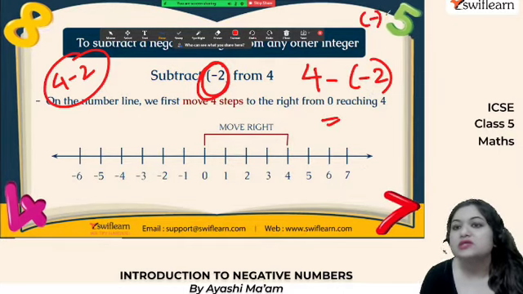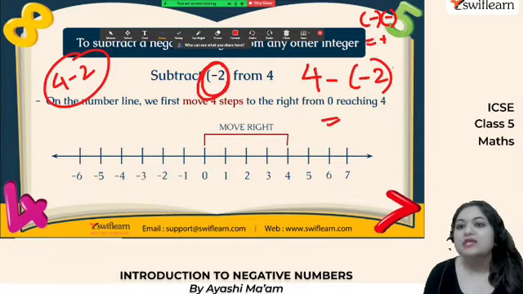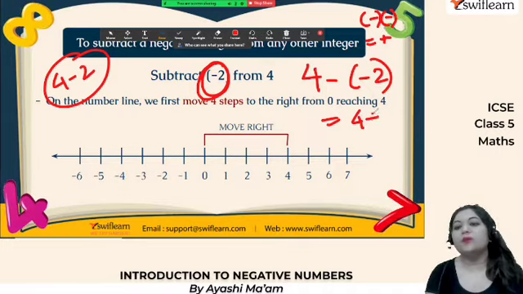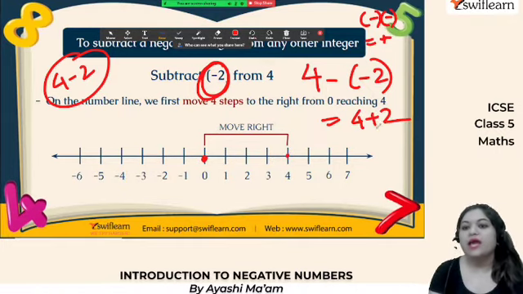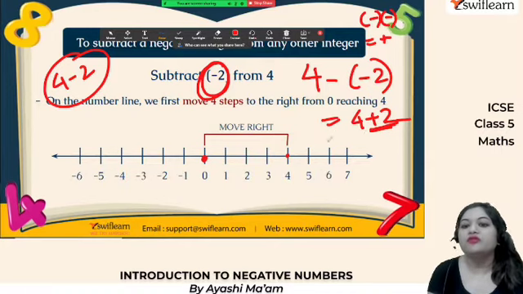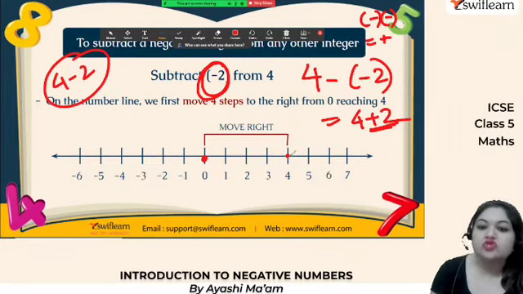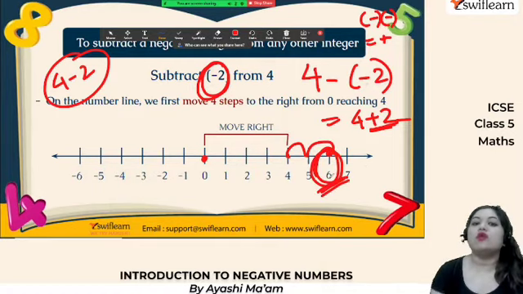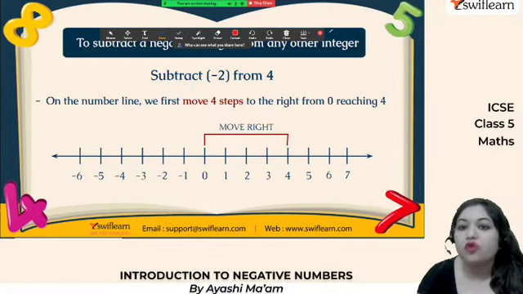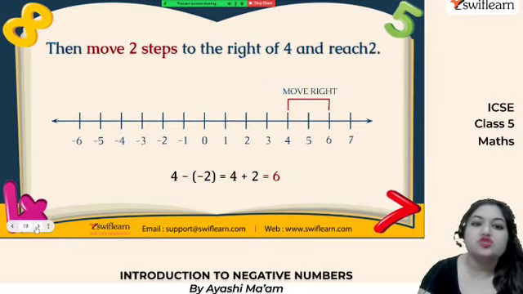Minus and minus is going to give us a plus, and this is going to give us 4 plus 2, right? So from 0 to 4, we are moving towards right, and then again plus 2. Therefore, again we will move towards right and 2 steps. So 1, 2 from 4. So we are stopping at 6. So our answer is going to be 6 for 4 minus of minus 2.